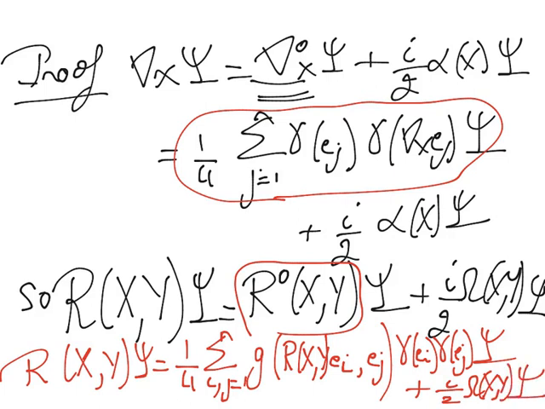So it's easy to calculate R0 because we know the expression of nabla x 0.